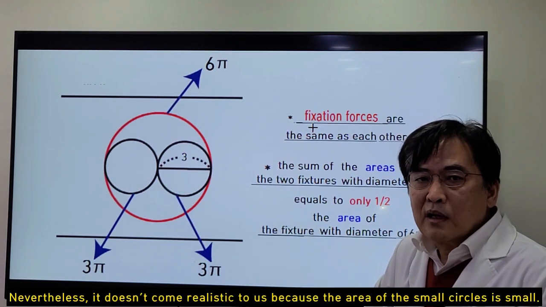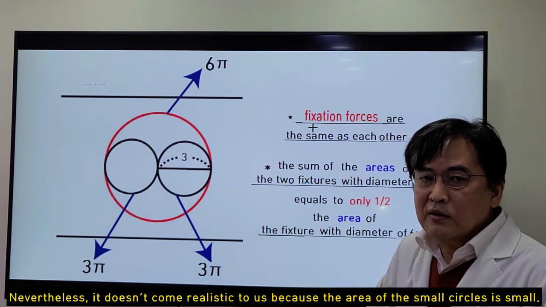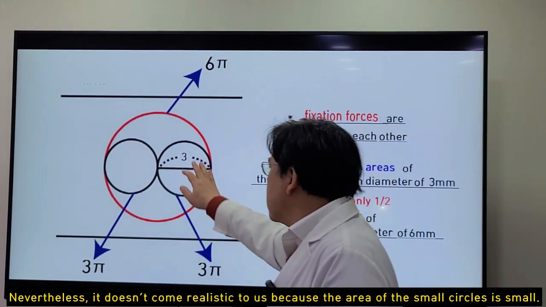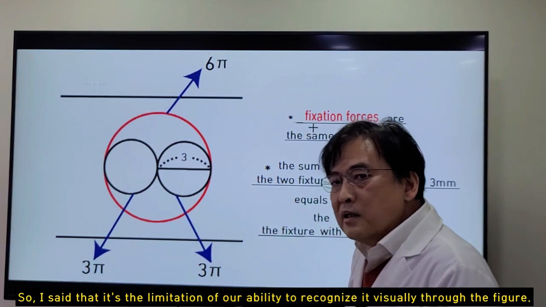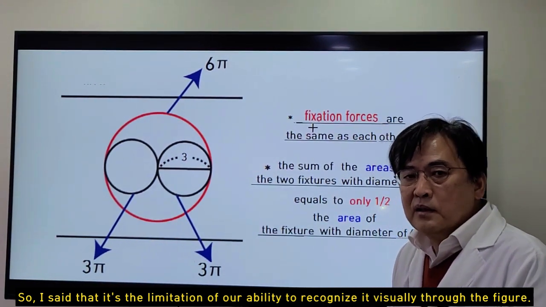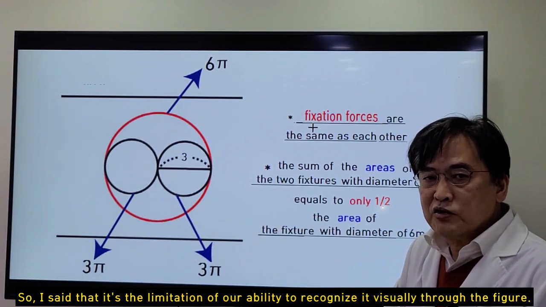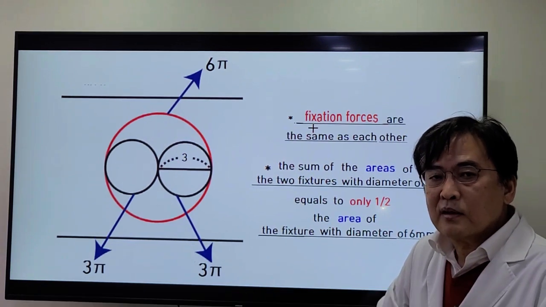Nevertheless, it doesn't feel realistic to us because the area of the small circle is small. So I said it's the limitation of our ability to recognize it visually through the figure.